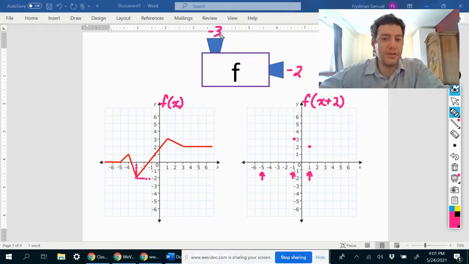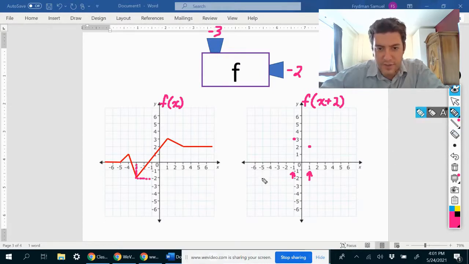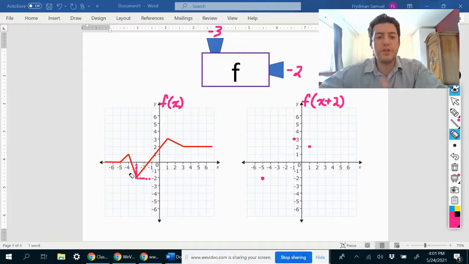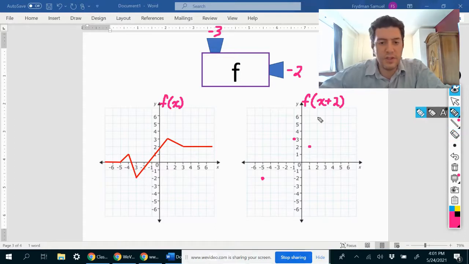If we put -3 into the function machine, we would get -2 out. So over here, we're going to put a dot at -2. Okay, now if you keep doing this for more points, then eventually you would see that this graph would look like this.